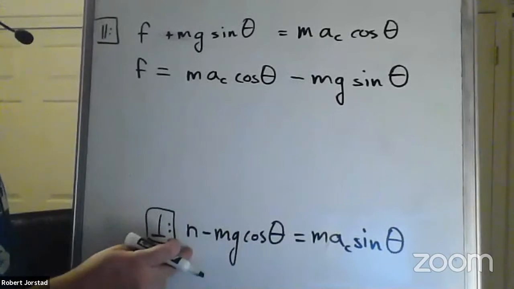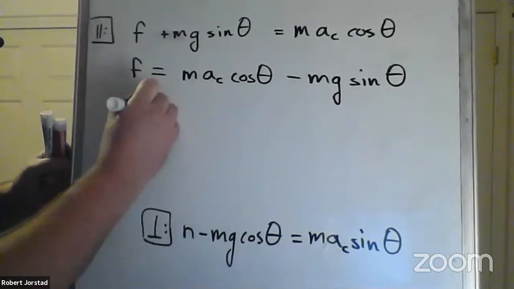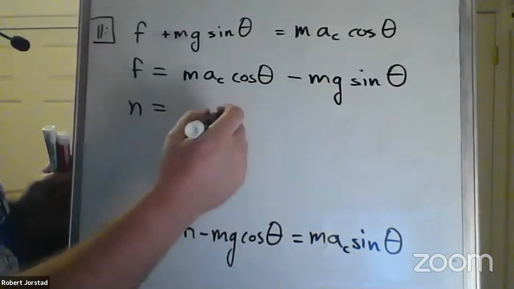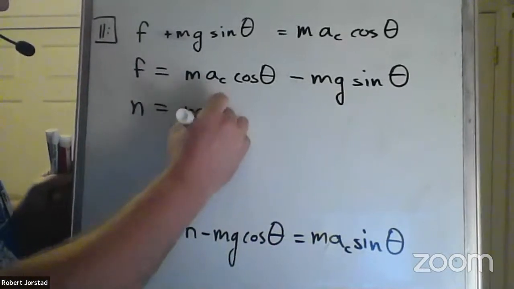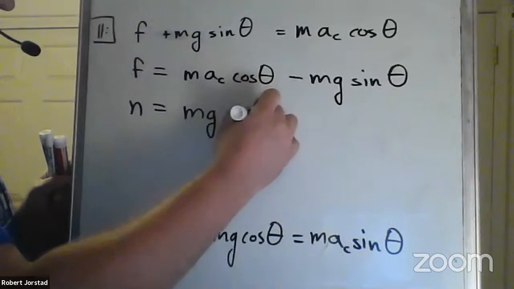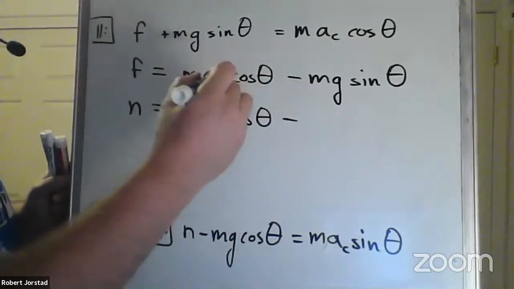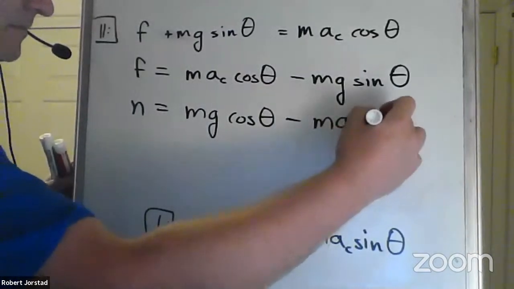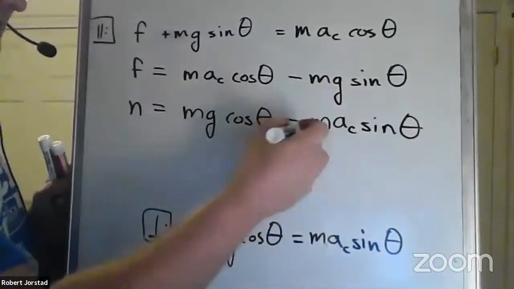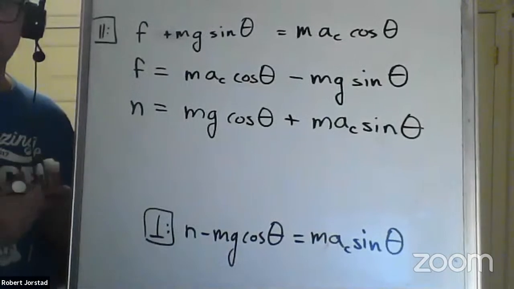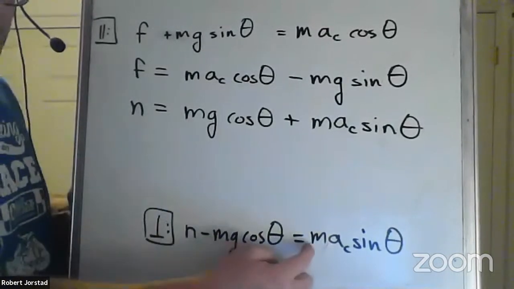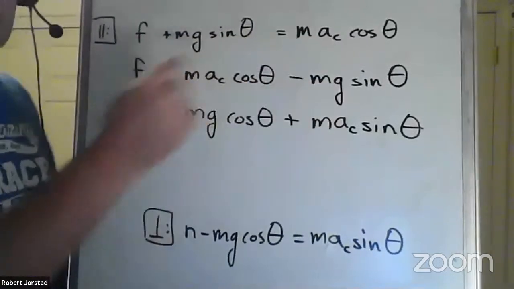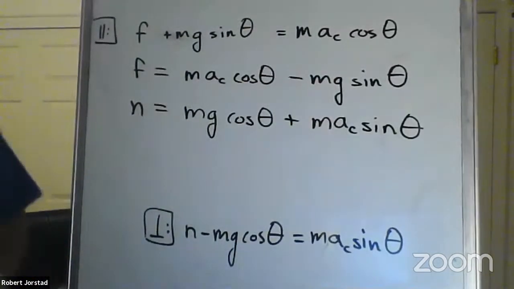And if I flip this one around, the normal force is equal to, wait, that's plus, isn't it? Yeah. So again, I just moved this one over here and it became positive. And here I moved this one over there and it became negative.